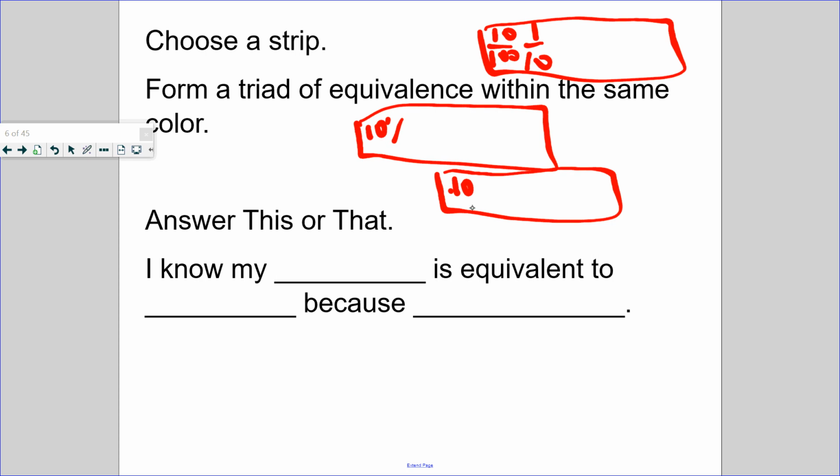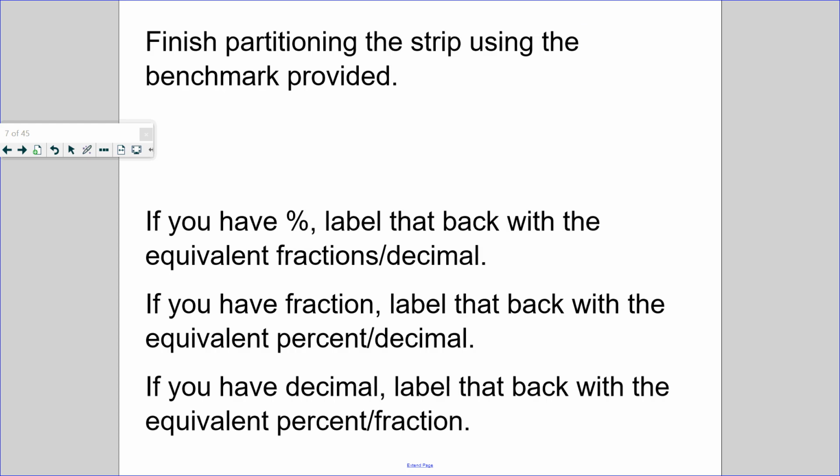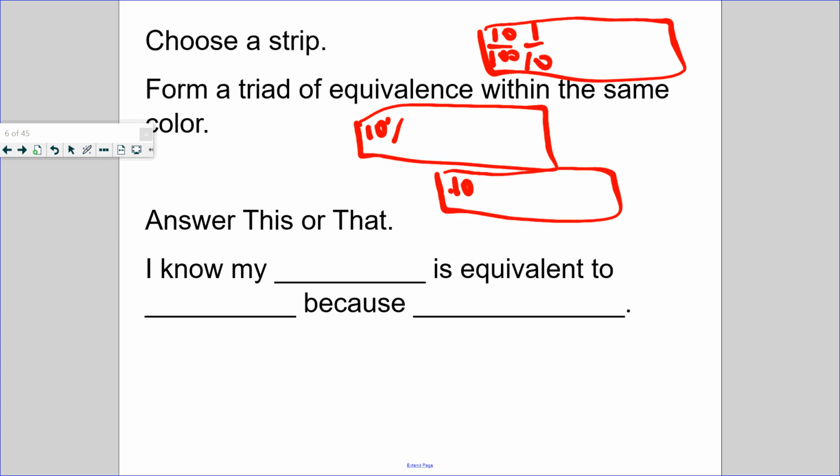This is the decimal equivalent. Anything per 100 is a percent. Then you're going to finish partitioning this strip using the benchmark provided. So you would partition this into 10% strips. So you write 10%, 10%, 10%, 10%, 10%, 10%, and then below it, you will write the equivalent fraction, and underneath it, you'll write the equivalent decimal for each one.